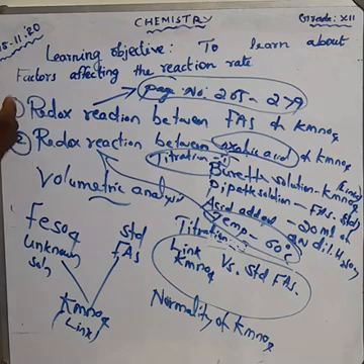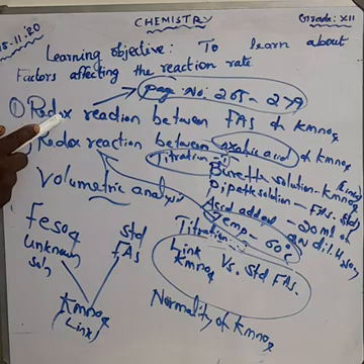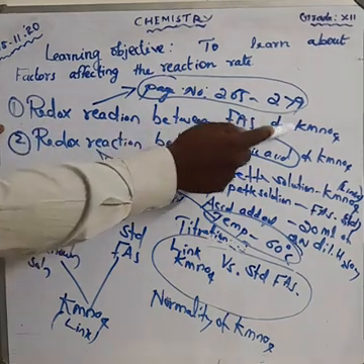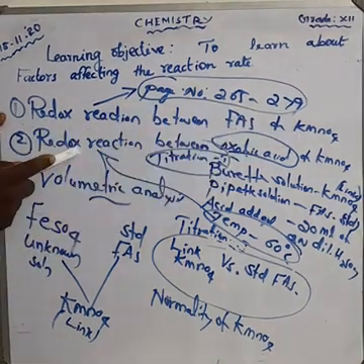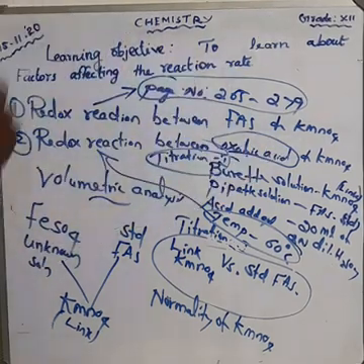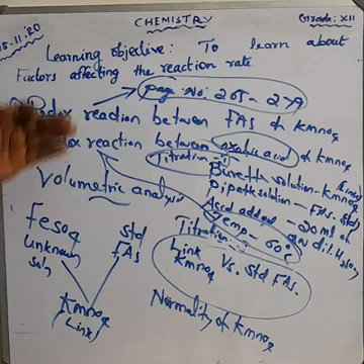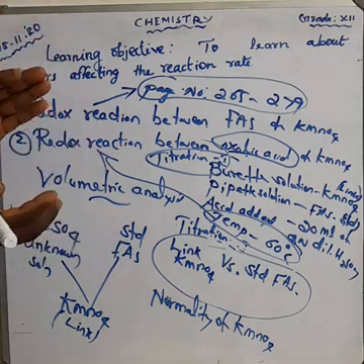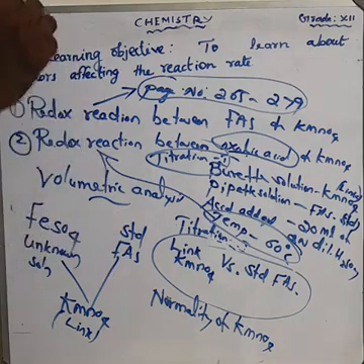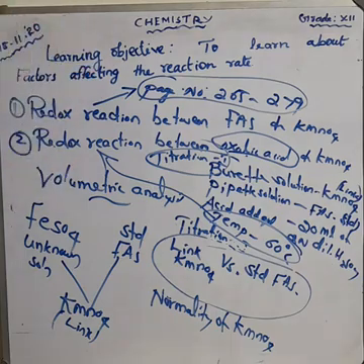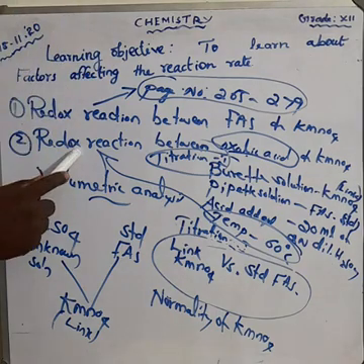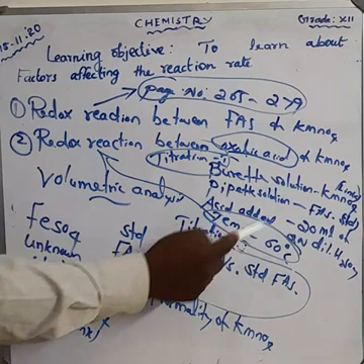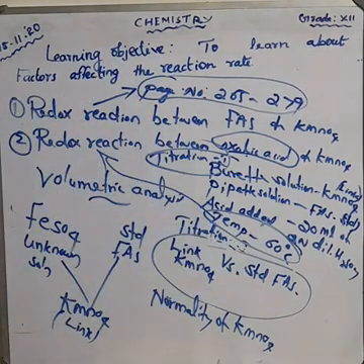The first point: from the volumetric analysis, the redox reaction between ferrous ammonium sulfate and KMnO4, and the redox reaction between oxalic acid and KMnO4. For these two experiments, one reaction is relatively slow compared to the other. For the slow reaction, we need a temperature of 60 degrees Celsius.